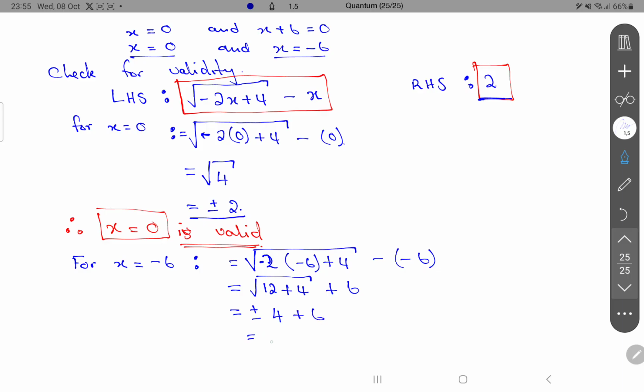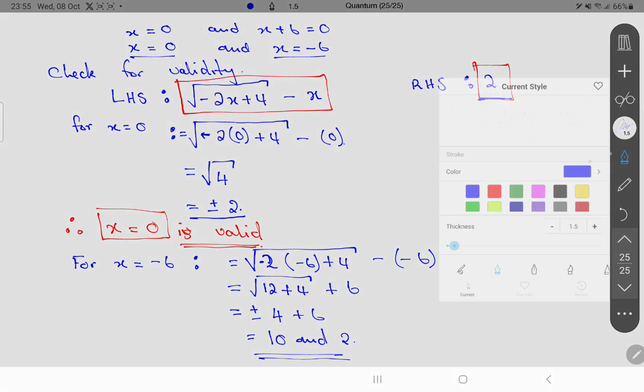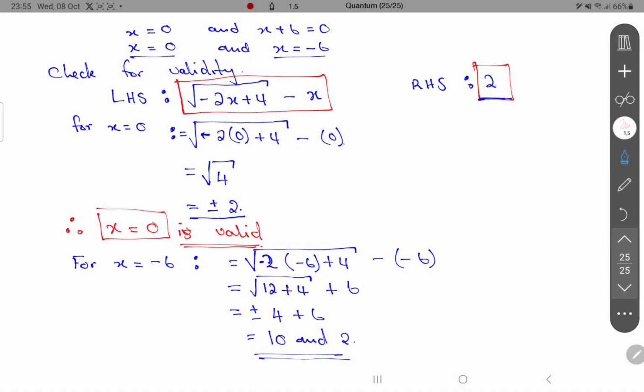That will give us 10 and 2. Therefore, x equals negative 6 is not valid.